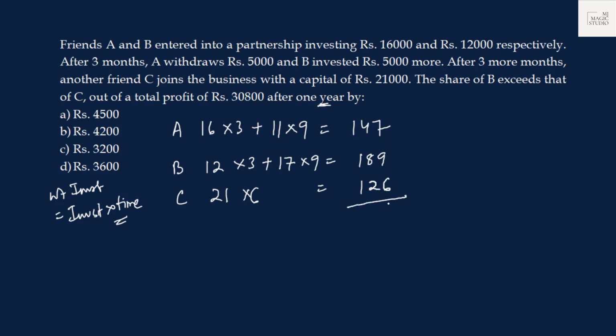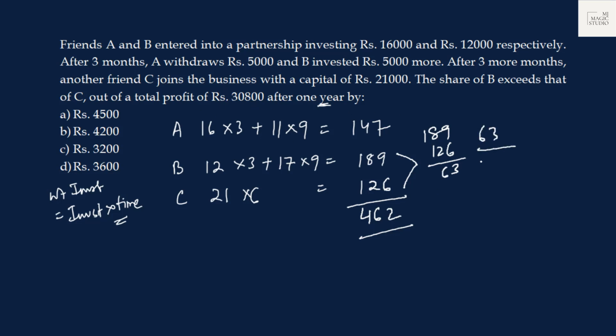This is the ratio in which profit or loss should be divided at the end of first year between A, B and C. And the total of this is 462. Share of B exceeds the share of C, obviously 189 minus 126 is 63. By how much?